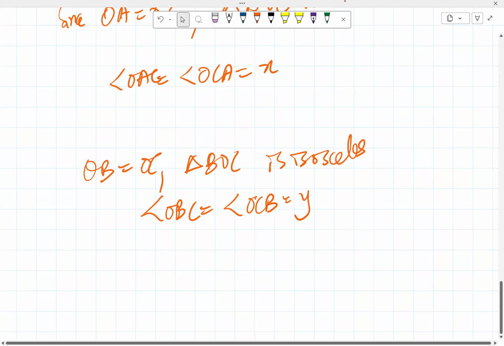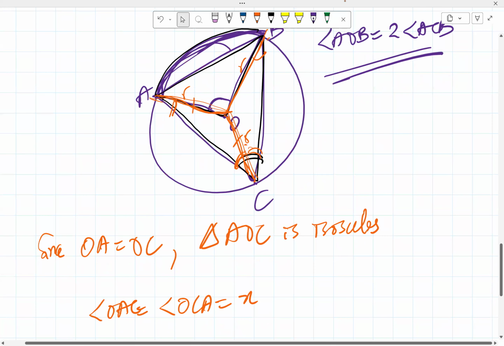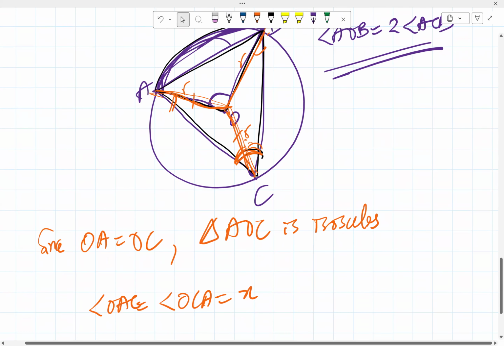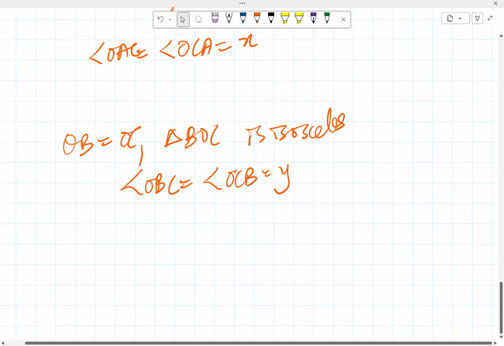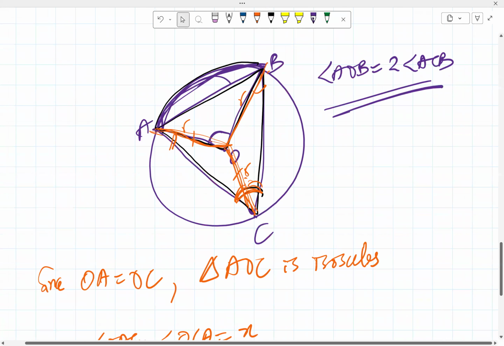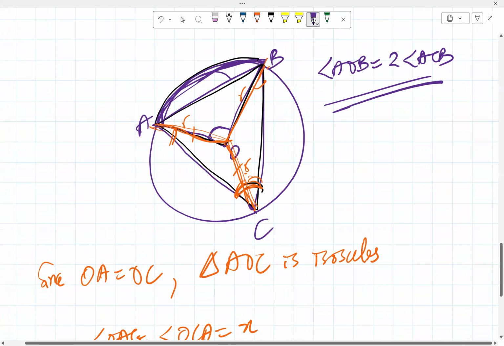So in that case now, the angle at the circumference ACB, this angle ACB right here, can then be said to be equal to the addition of these two angles.